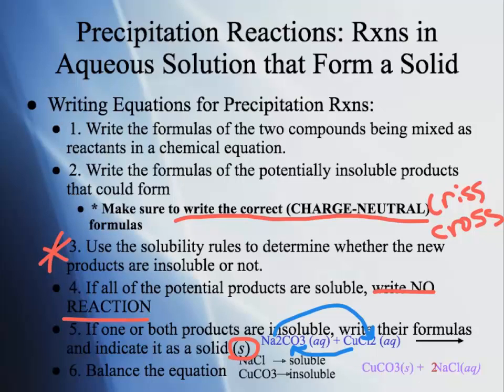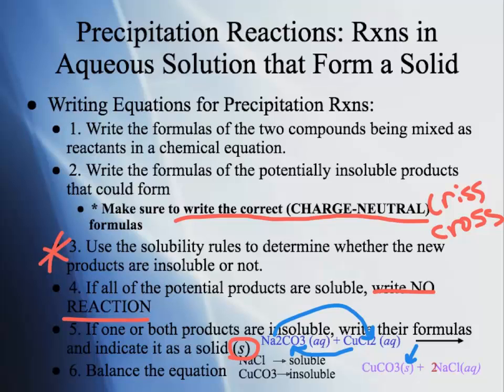Well, if you look at the solubility rules, which I don't have up on screen right now, but if you looked back in your notes, you would see that carbonates are generally insoluble unless they're with the alkalis. Well, copper is not in the alkali metals, and so this guy is going to be insoluble, so that's why we write the S. Now sodium chloride, halides like chlorine are always soluble except if they're with silver, mercury, and lead, and sodium is not one of them.